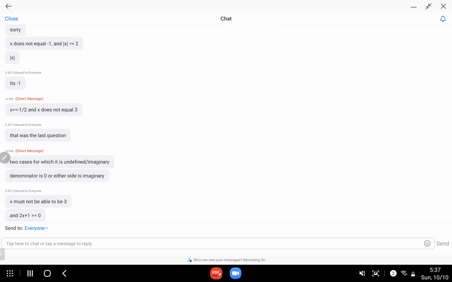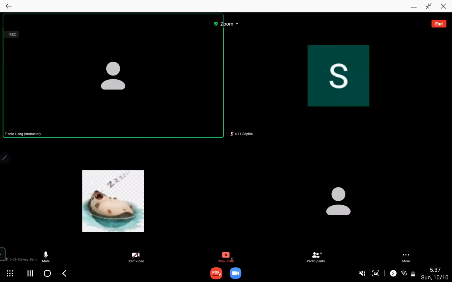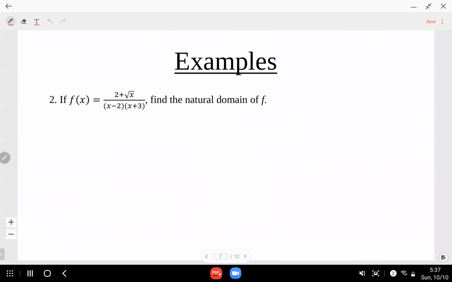Two cases for which f is undefined or imaginary number. Very good. So let's continue. Next example. This is our second example. So please do this.